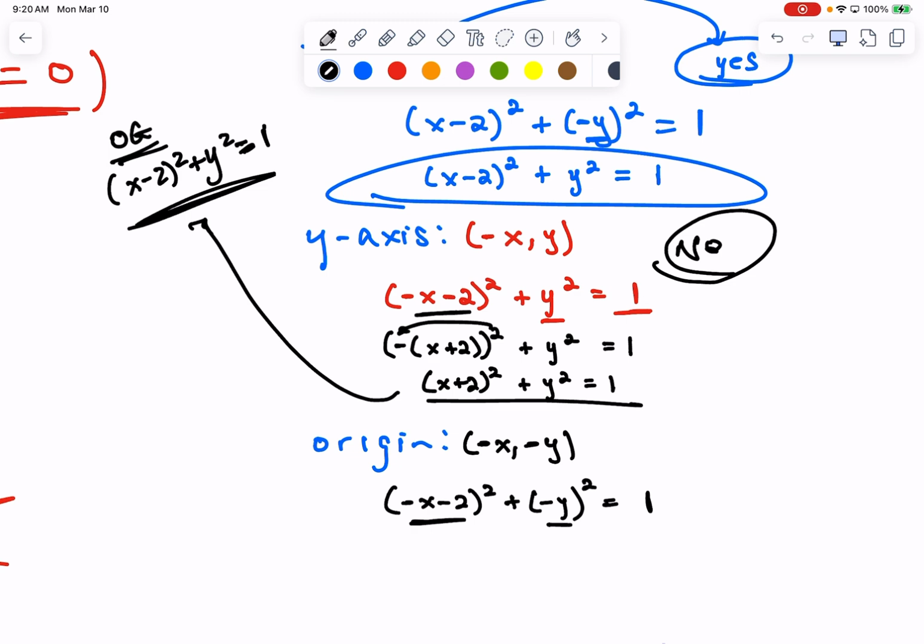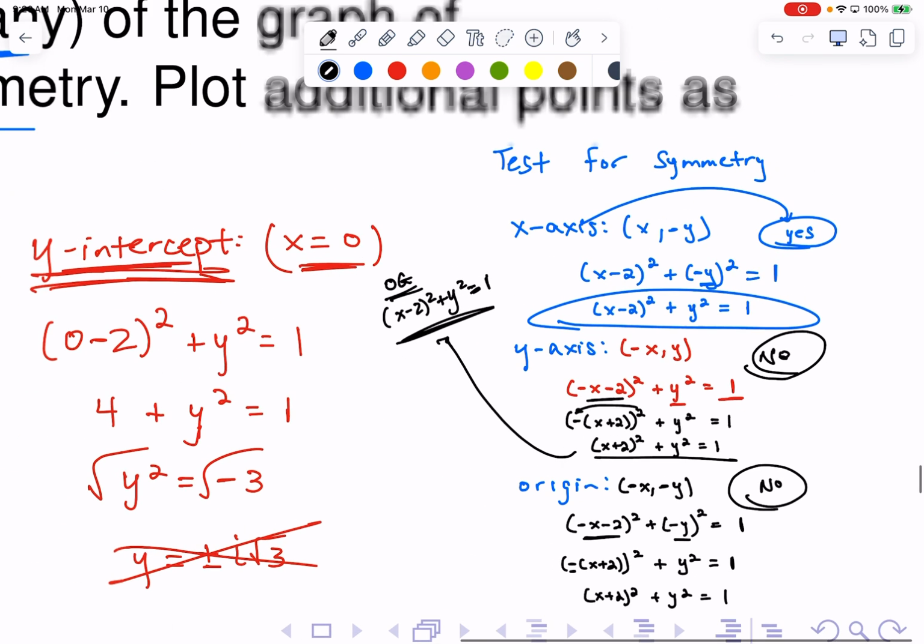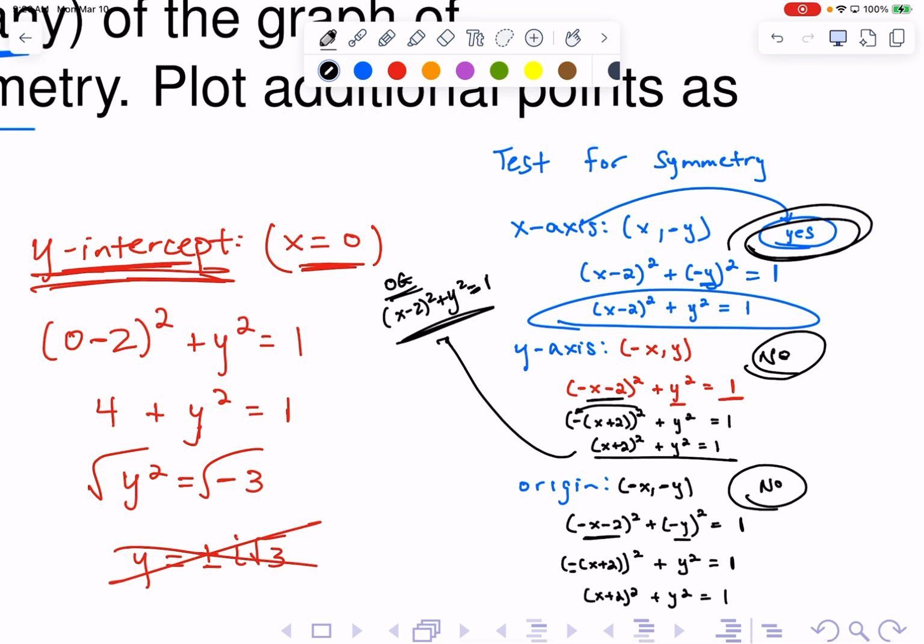Yeah, because when you took the negative out, it was x plus 2. It changes the equation and makes it (x + 2) squared. And this is not equivalent to the original, so then the origin is also no. So what's the only thing it's symmetric to? The x-axis.